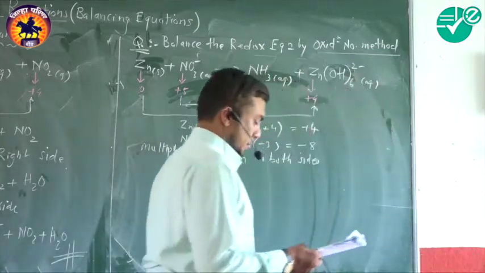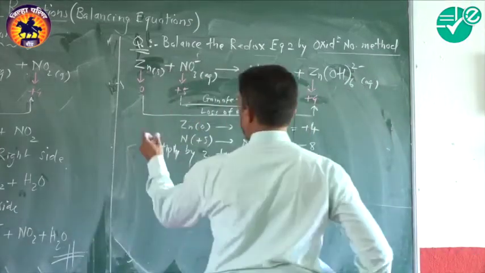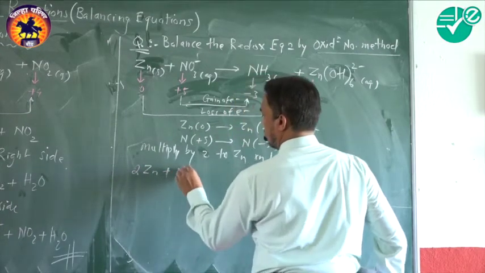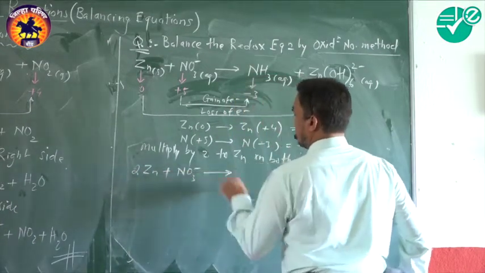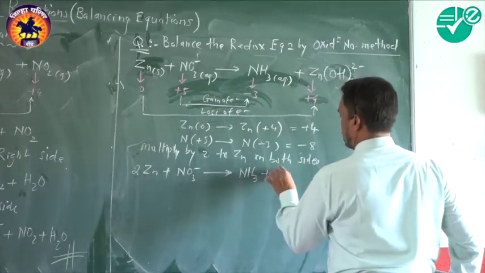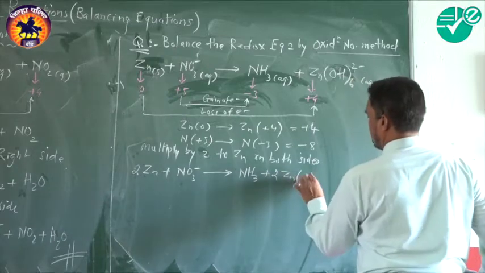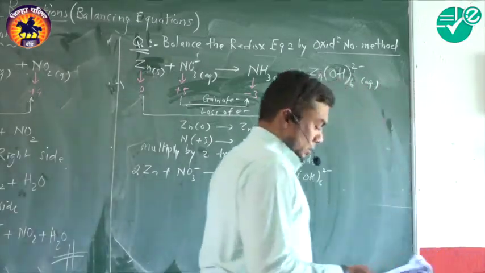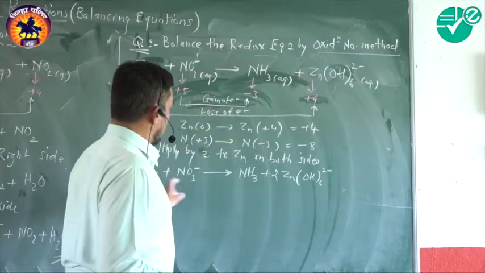So what will we get? We get the equation as 2Zn plus NO3 minus is equal to NH3 plus 2 Zn(OH)6 2 minus. Now these equations are balanced.